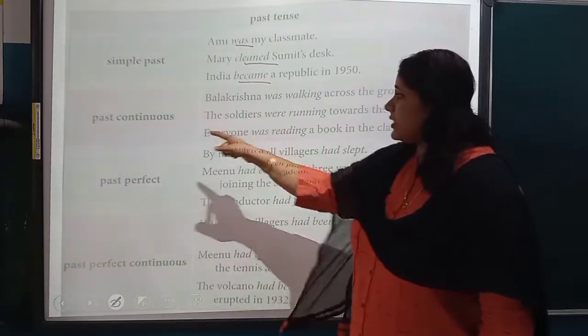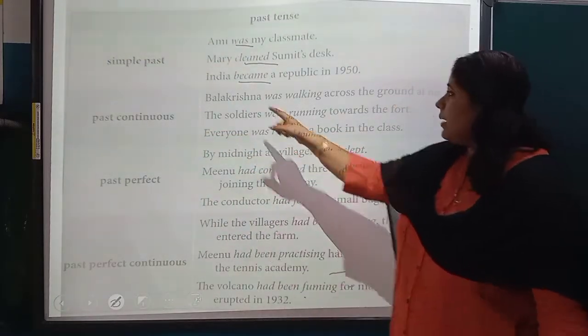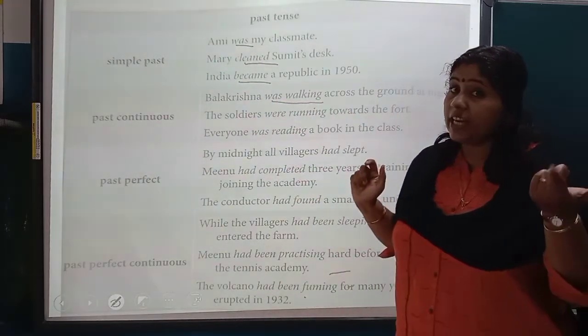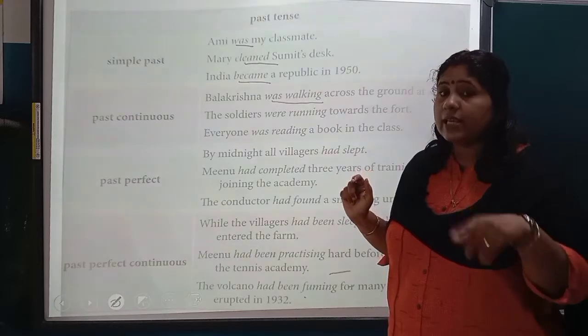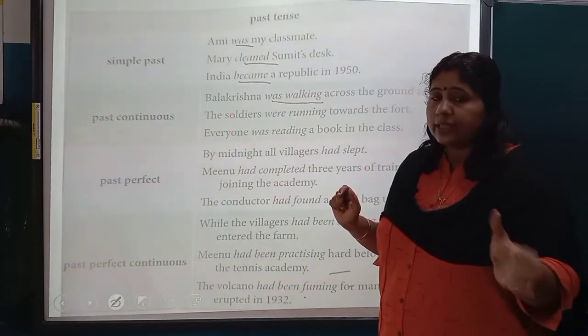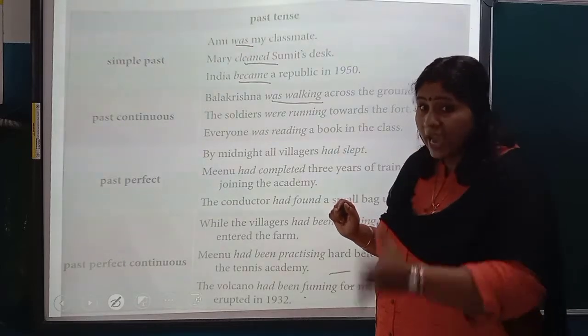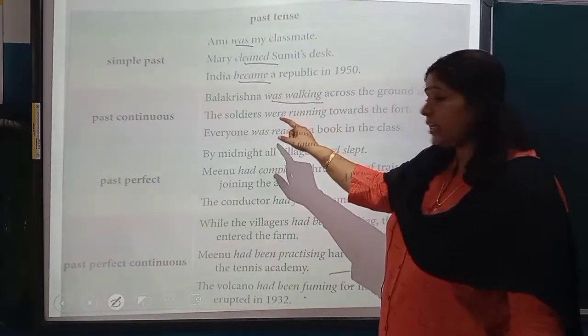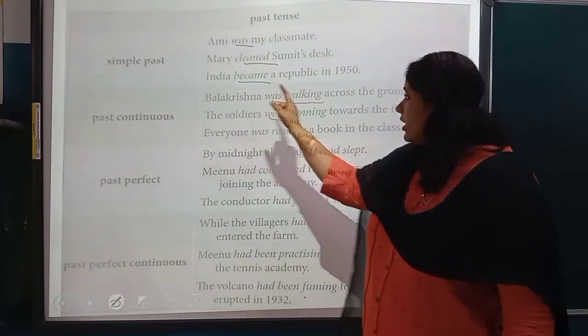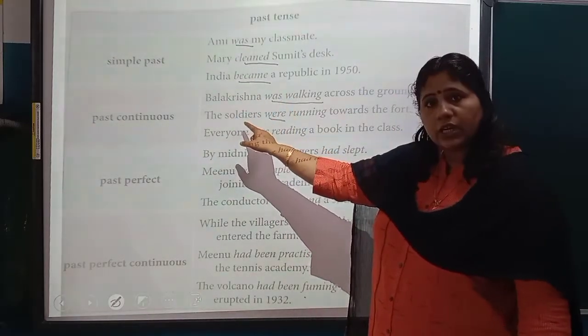Next, past continuous. Balakrishna was walking. In present continuous, what do we add? Is, am, are according to the subject. Then the main verb with ing. Here what do we have to add? Was and were. If the subject is singular, then was. If the subject is plural, then were.